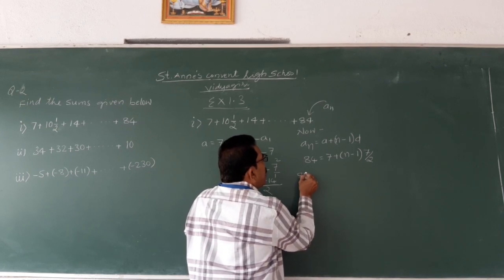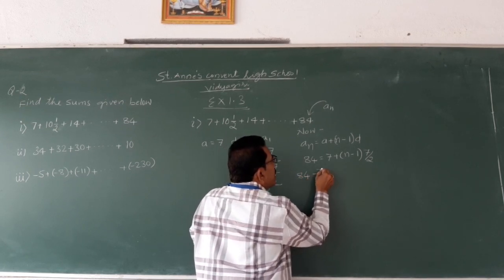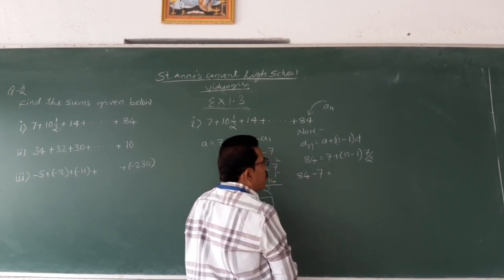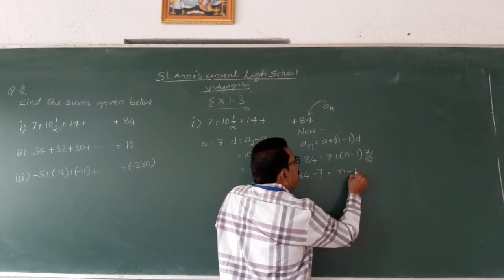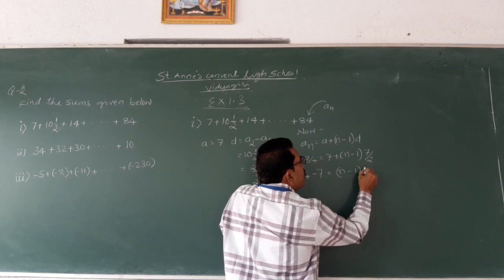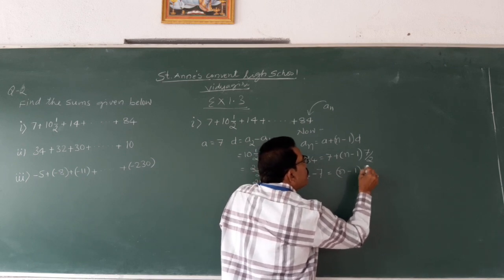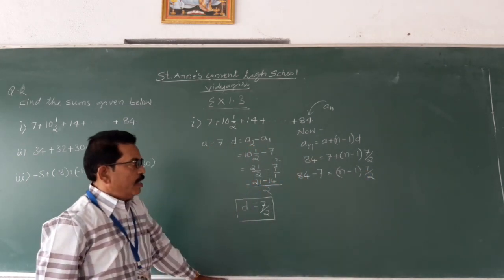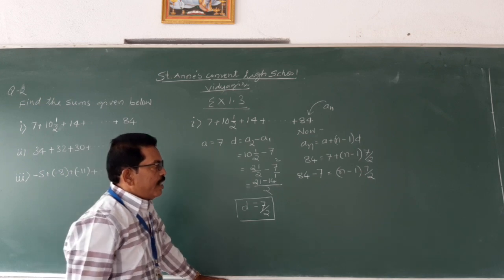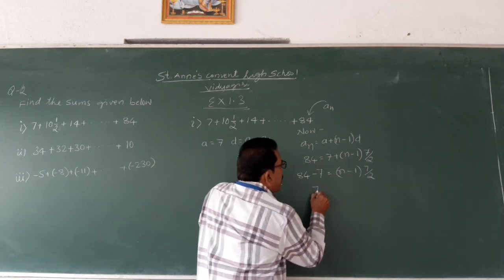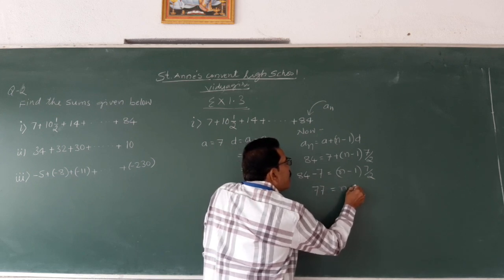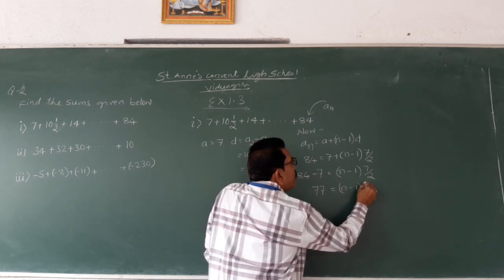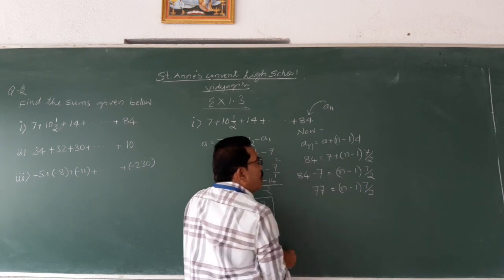Okay. 84 minus 7 equals n minus 1 into 7 by 2. That is equal to 77 equals n minus 1 into 7 by 2.